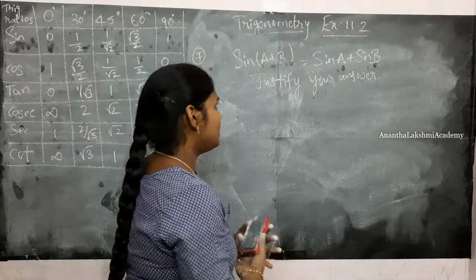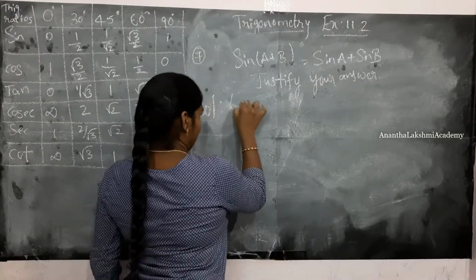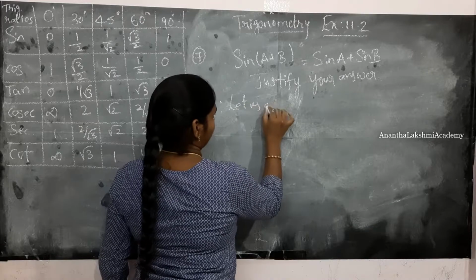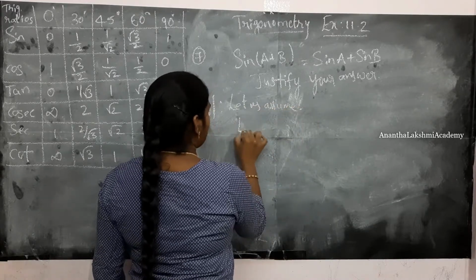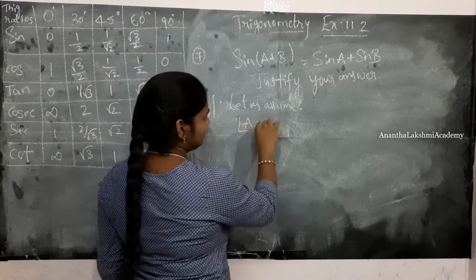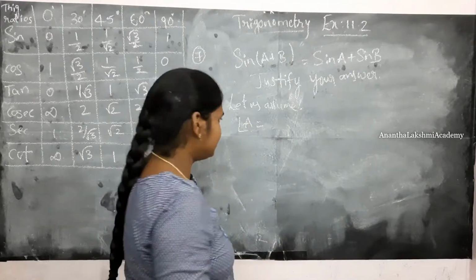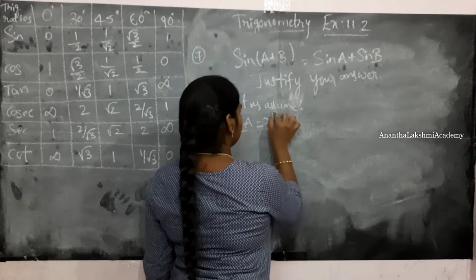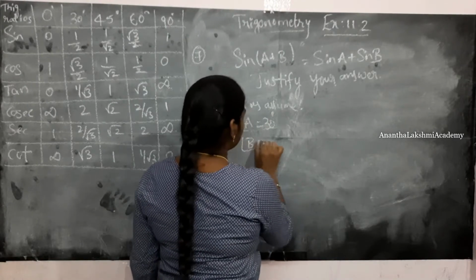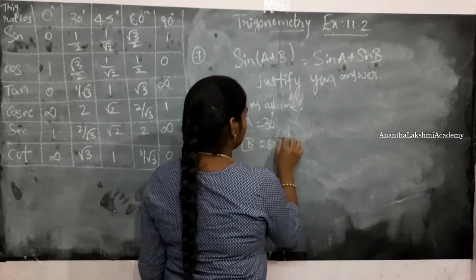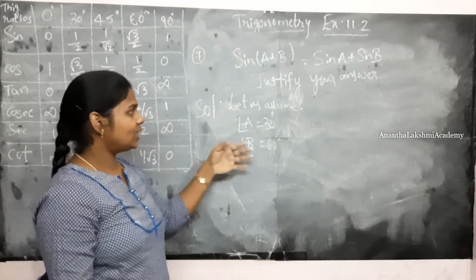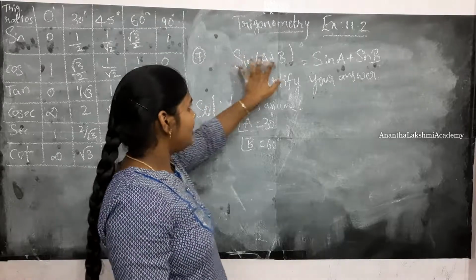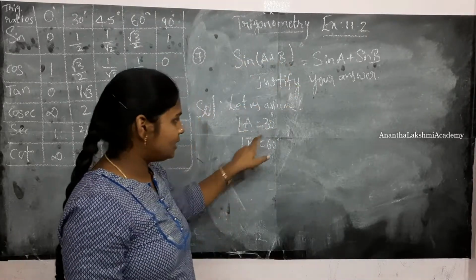Let us assume angle A is equal to 30 degrees. Let me assume angle B as 60 degrees or 45 degrees, whatever angle you want. Why did I assume only 30 and 60?